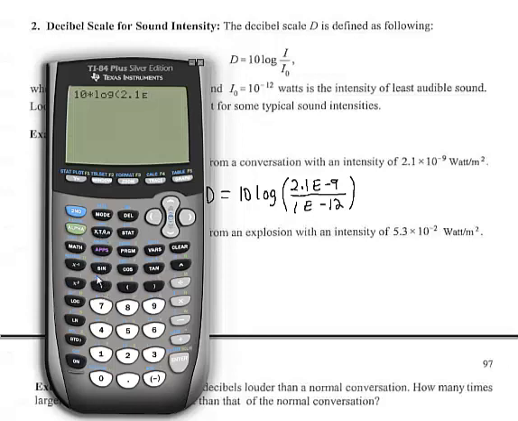But you have to hit second to get to it, and it only enters one E, but there's a double E symbol. So once you do that, you can enter the negative 9. It's just a quicker way to enter scientifically notated numbers. And now we divide that by the I naught, which is 1 e to the negative 12. Enter. So the decibels read 33.